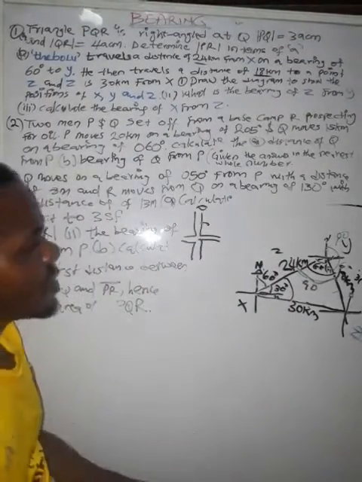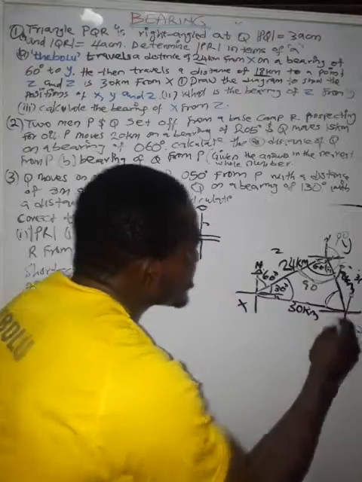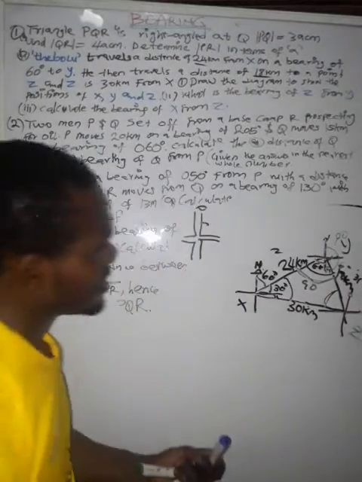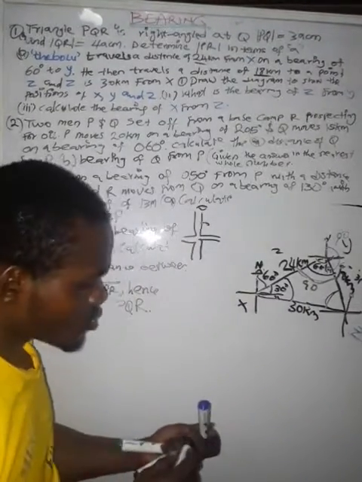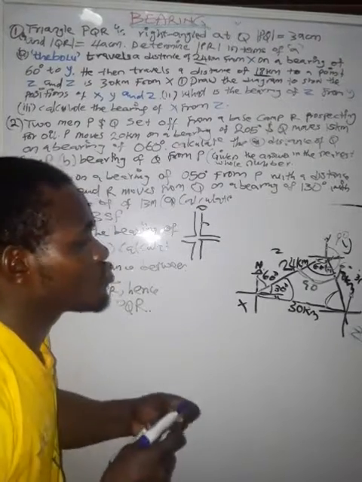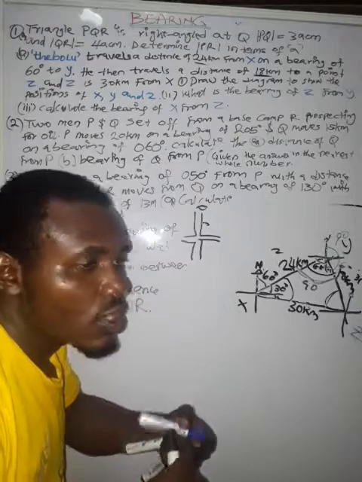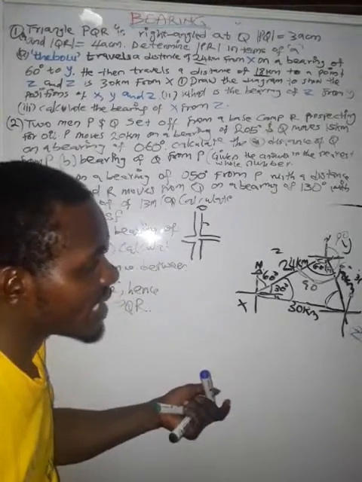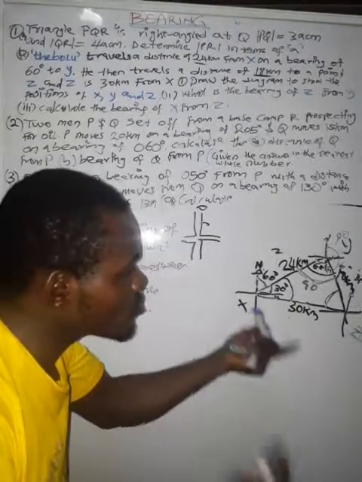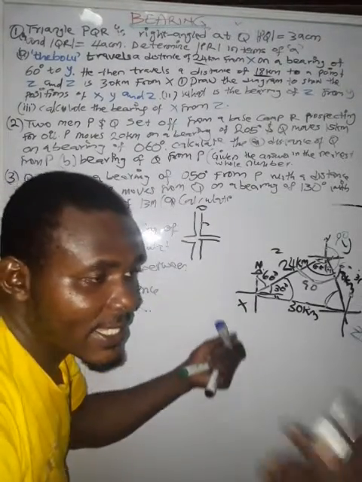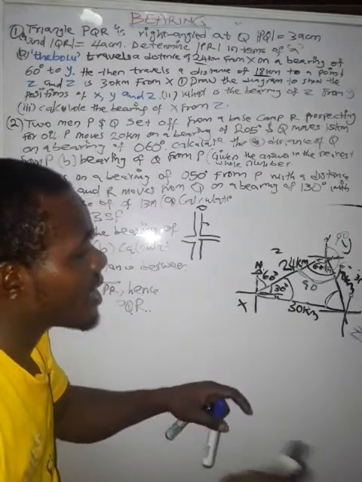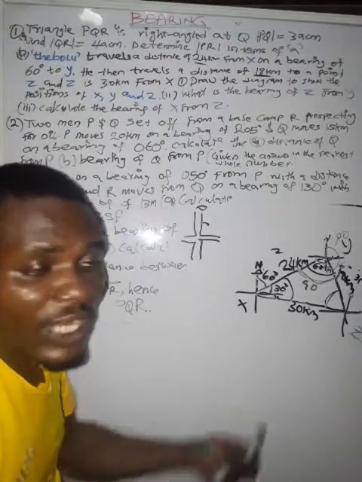Now I need to calculate this place. I have all three sides, and I have one angle. Whichever one I want to use: if I use the sine rule, I must have one angle with two included sides. I can use the sine rule, I can use the cosine rule, and I can also use Pythagoras theorem.